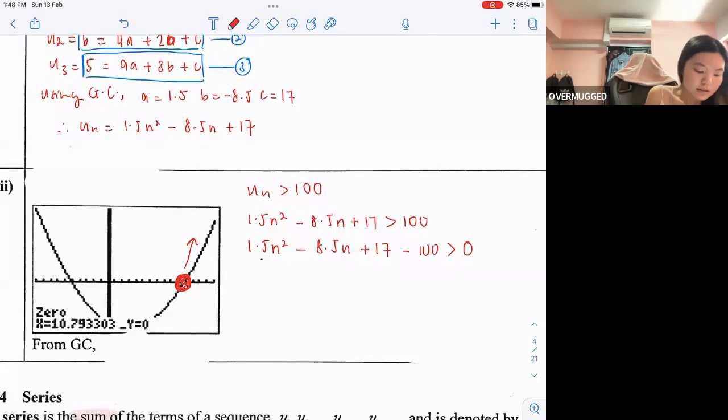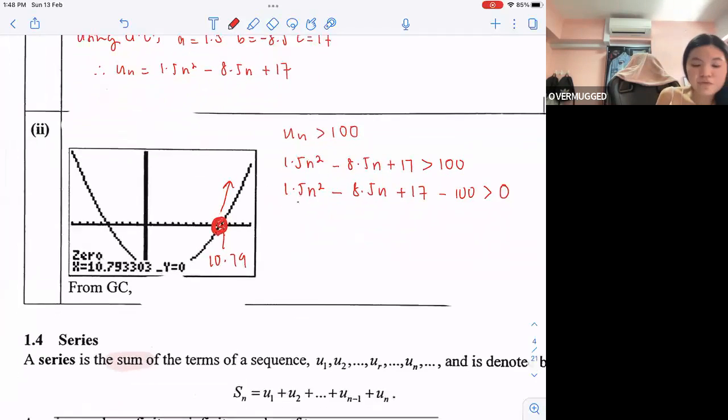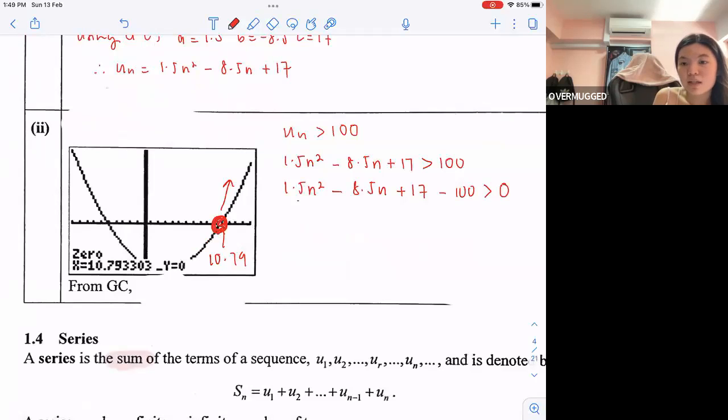My x at this point is actually 10.8, or rather 10.79. So from the GC, you can say that your n has to be more than 10.79.